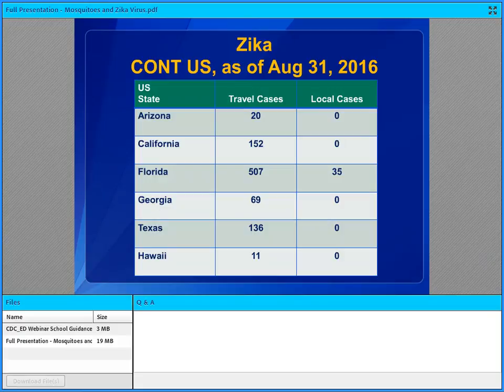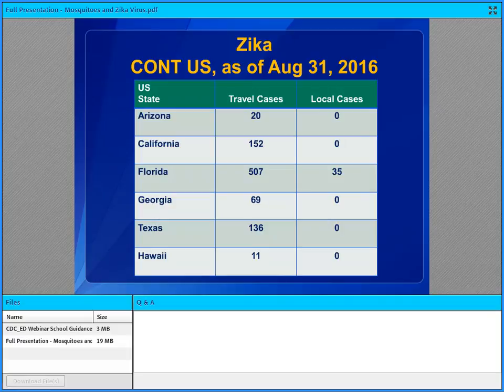As of today, we had 43 cases represented. The 43 cases that you'll see on display on the CDC website are those that have been reported by the health department as positive laboratory-confirmed cases into our tracking system called ArborNet.